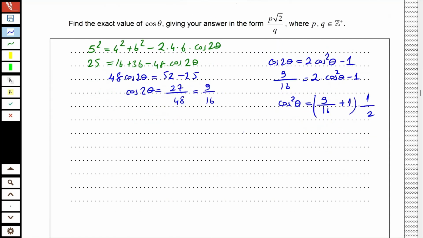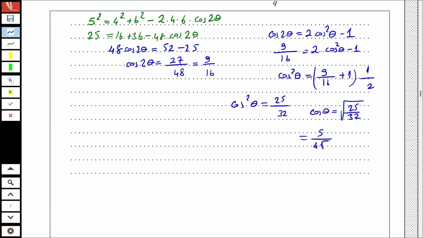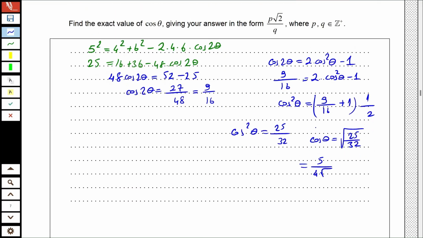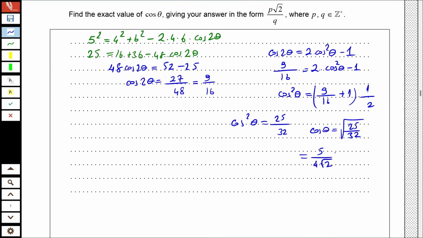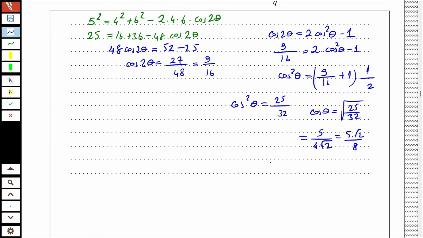So cos theta squared equals 25 over 32, and cosine theta equals square root of 25 over 32, 5 over 4 times square root of 2, and this is also 5 times square root of 2 divided by 8, and in this case P equals 5, Q equals 8.